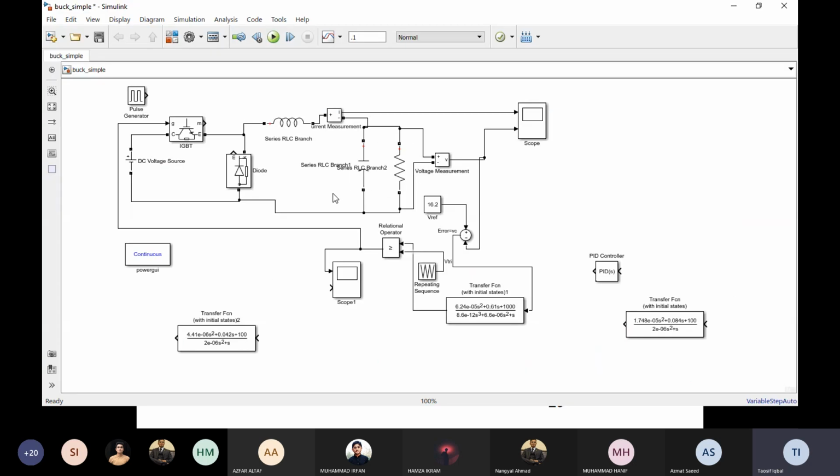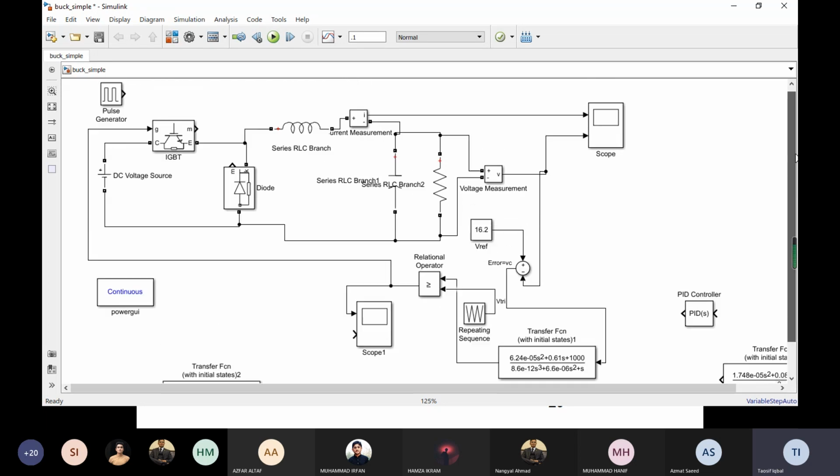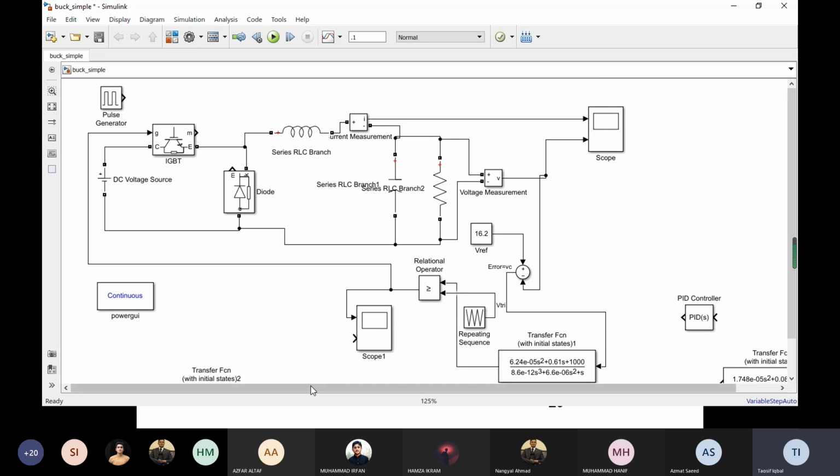So this is basically MATLAB Simulink, where we can develop the power circuit. To develop the power circuit, we should have a power GUI block.